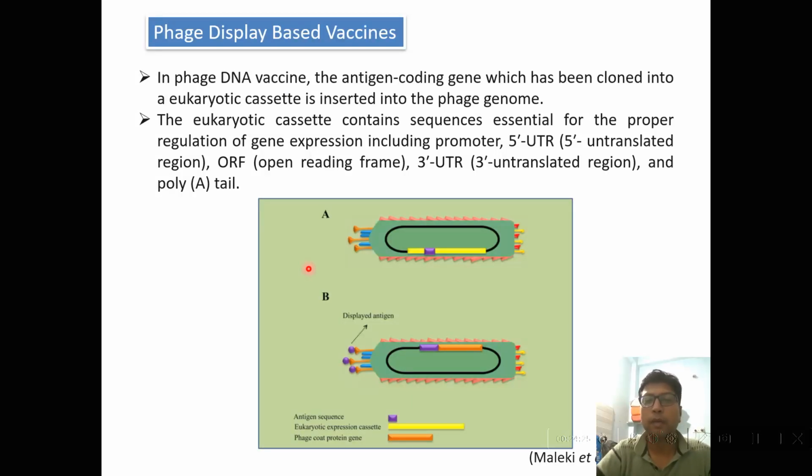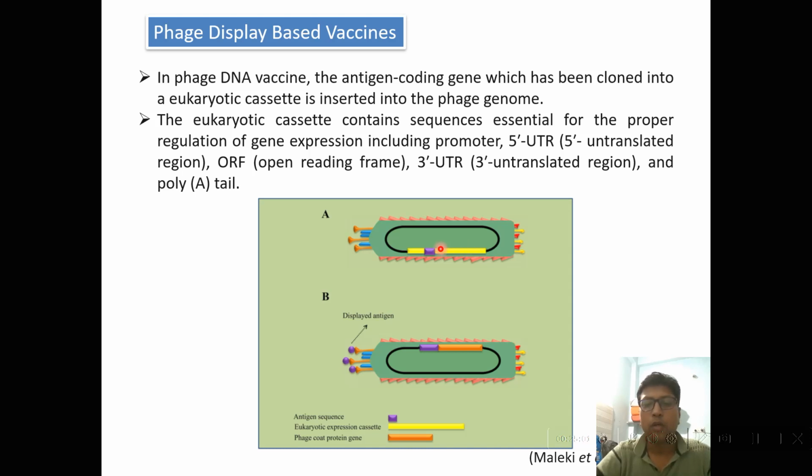Next is the phage display based vaccine. The phage display based vaccine can also be helpful to protect individuals by inserting its DNA inside the individual. For better vaccine quality, this gene needs to be inserted with a eukaryotic vector, because the eukaryotic vector has a strong promoter at the 3' region and 5' region.